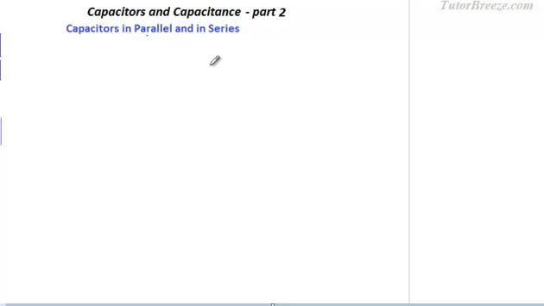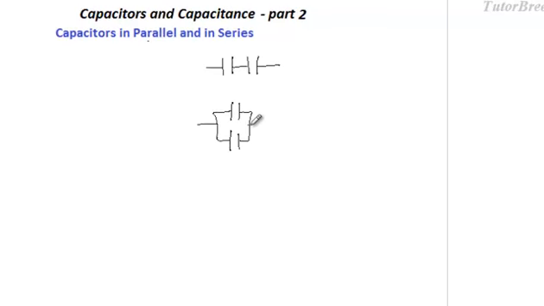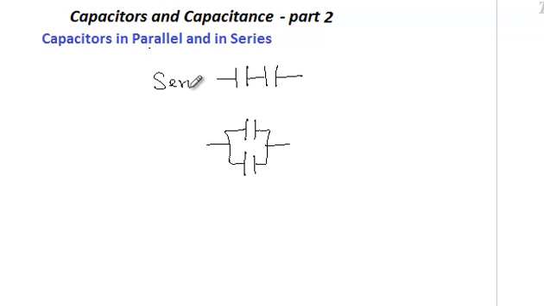In this lesson, we'll discuss how to find the equivalent capacitance when capacitors are connected either in series or in parallel. They are said to be in series when they are connected one after the other, and they are said to be in parallel when, say, the first plate of each capacitor is wired together and the second plate of the capacitors is wired at the other end.